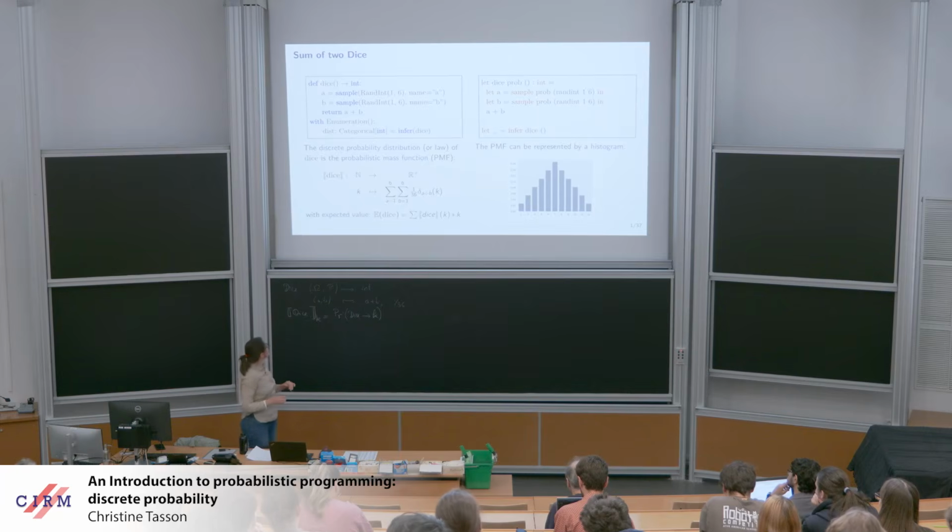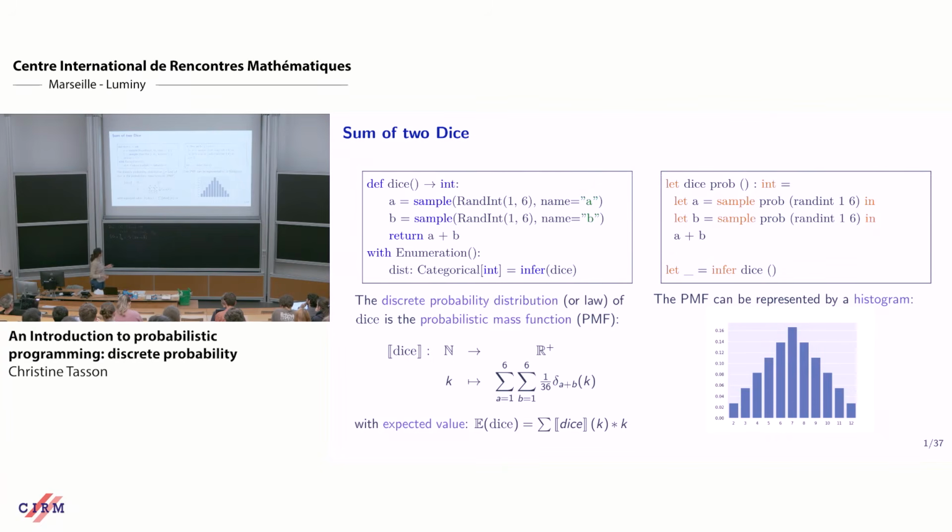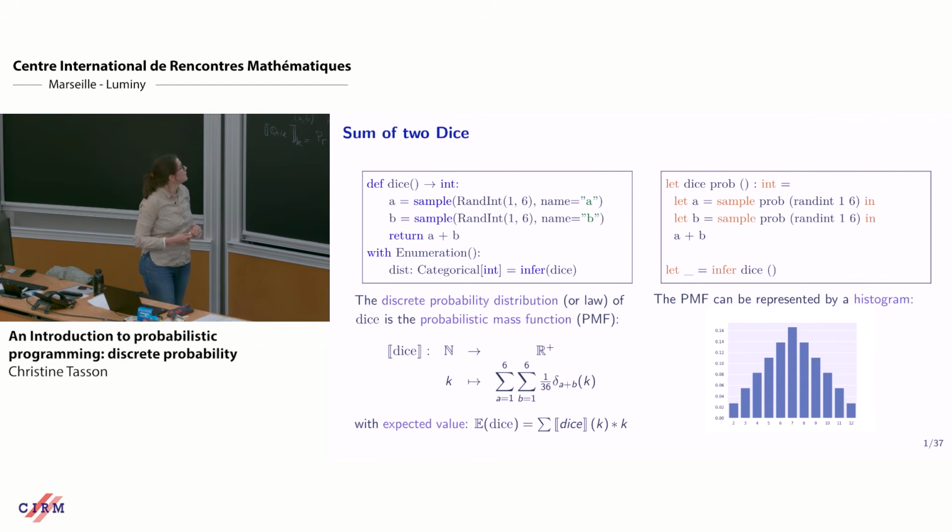I just have to sum over all the samples A, B such that A plus B is equal to k. Here you have the Dirac delta, equal to 1 when k is equal to A plus B, and 0 otherwise.